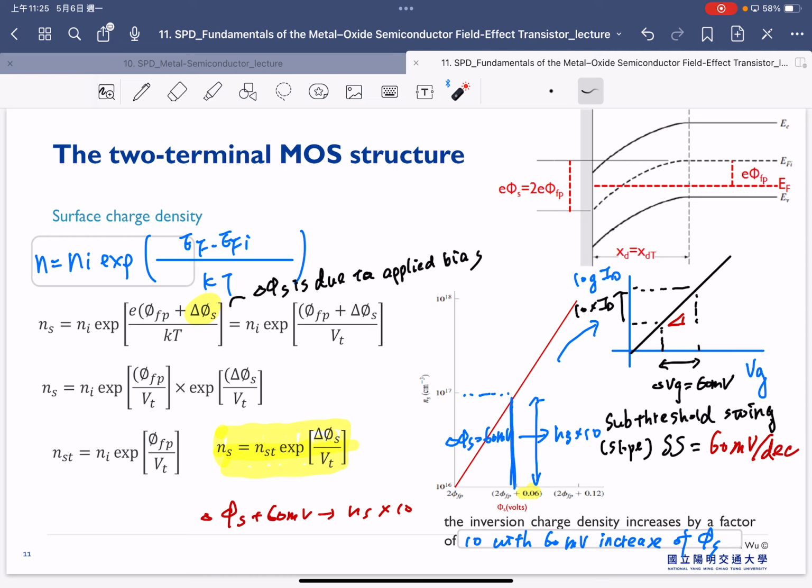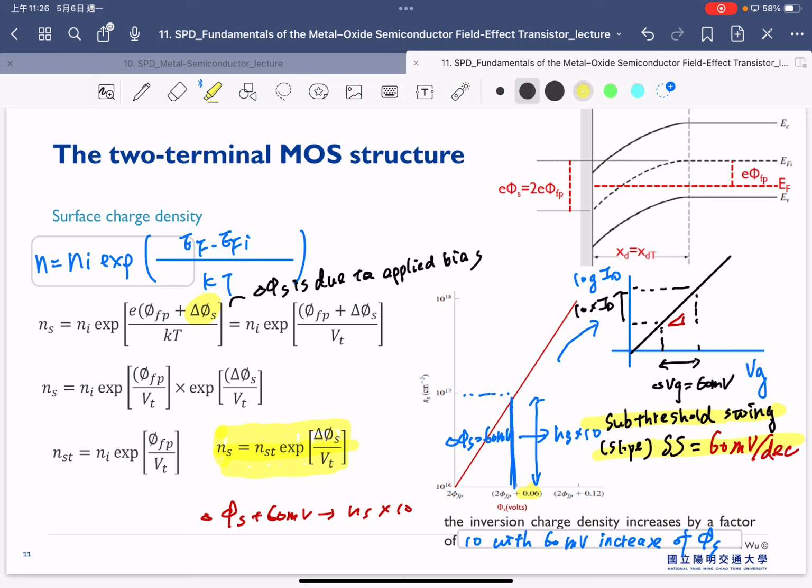If we can make the transistor only 50 millivolt per decade or 40 millivolt per decade, that means our transistor can turn on faster. If this is 40 millivolt per decade, that means we only apply 40 millivolt, but our current can increase 10 times. However, in reality, it is a limitation here.